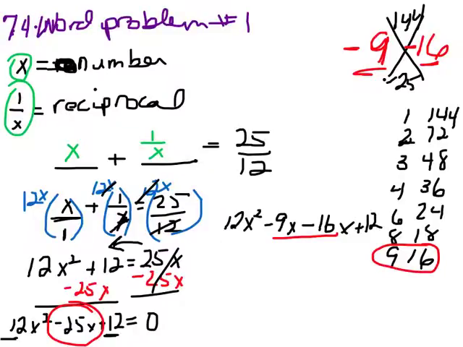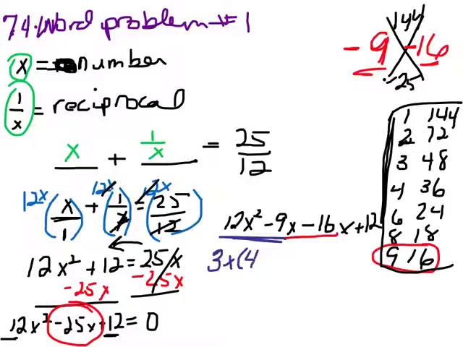Okay, let me draw a little box around this so maybe it separates it. Alright, so now if I factor by grouping, I'm going to group the first two together. The GCF would be 3x, and I would have 4x minus 3 left. Now over here, since I've got a subtraction sign there, I'm going to factor it out, and I notice that 4 goes into each one of those terms.